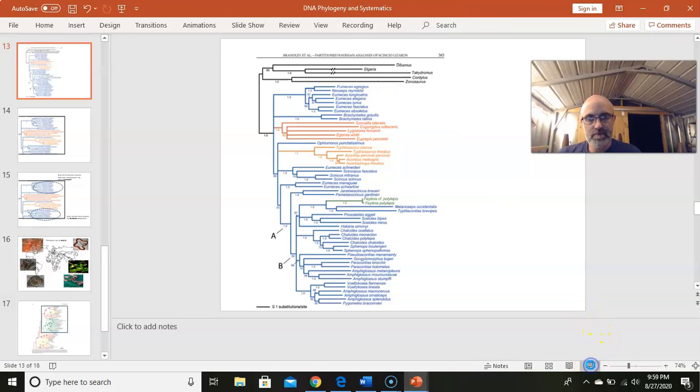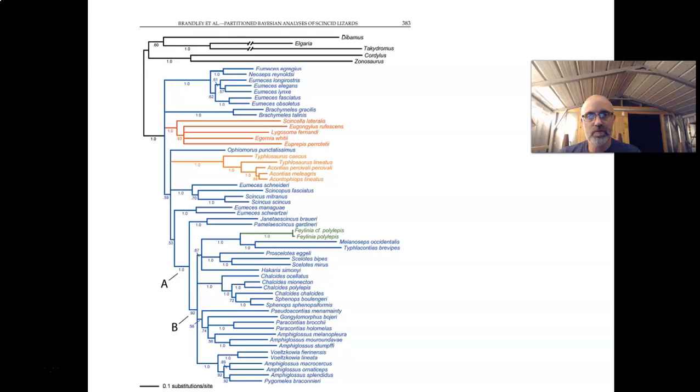If I give you this, and I say, according to somebody who follows cladistics, what's wrong with this tree? Well, you should be able to look and see Eumeces here, Eumeces down there, and in fact, here's another genus that's popping up in the middle of the Eumeces. This is just a mess. This is a taxonomist's nightmare.